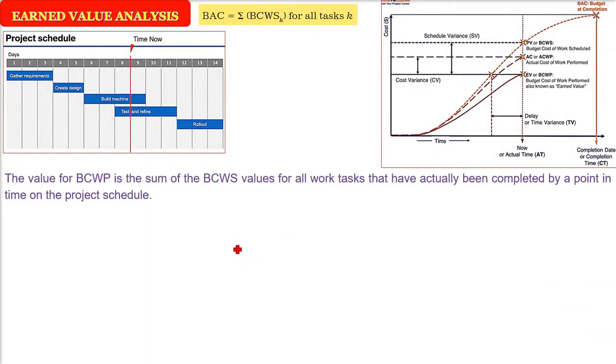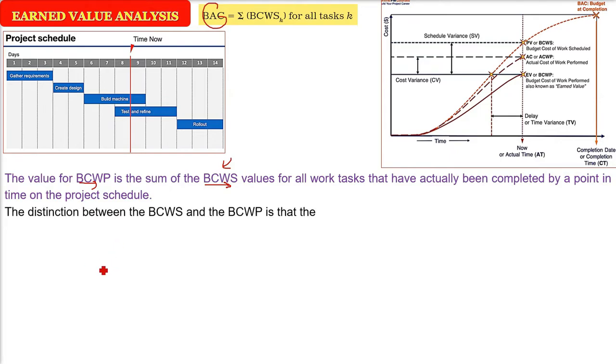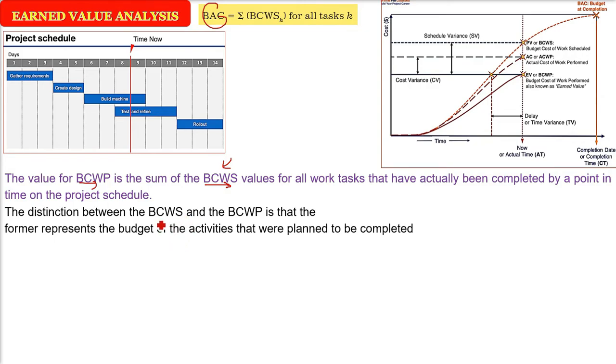So the value of BCWP is computed just like BCWS, and BCWP is the sum of these BCWS values for all work tasks that have actually been completed by a point in time. You want to find out at a certain time, these have actually been completed. So let me tell you about BCWS and BCWP.